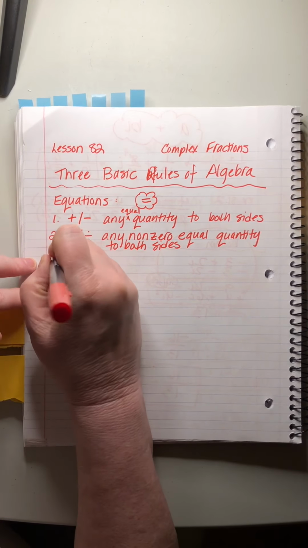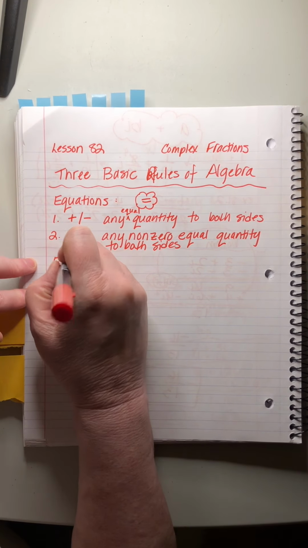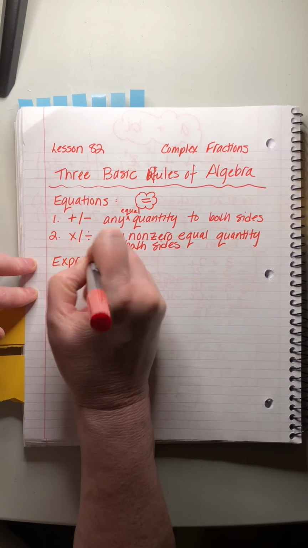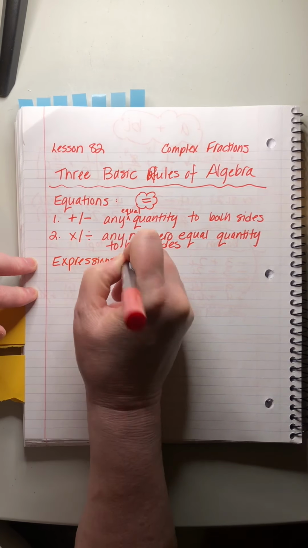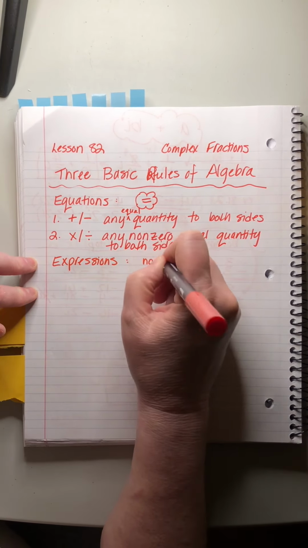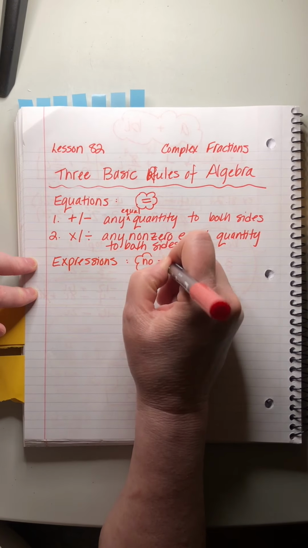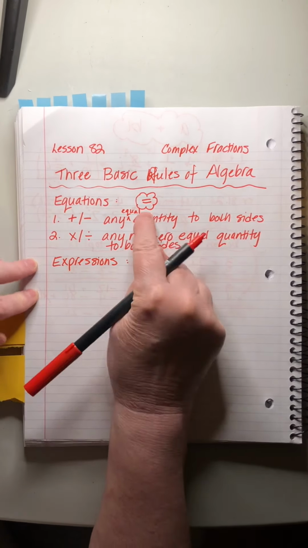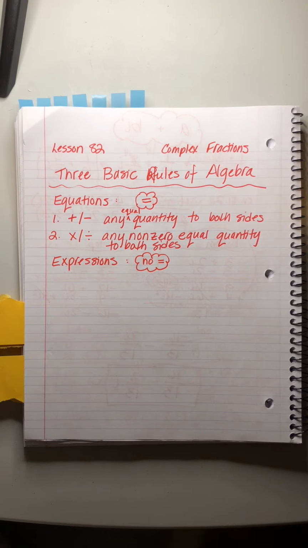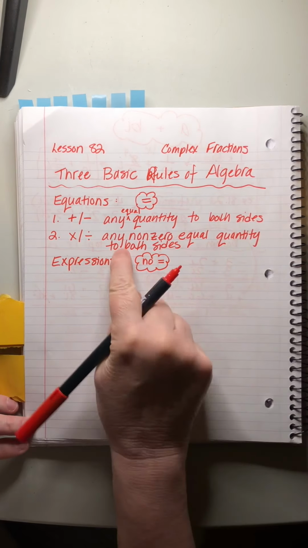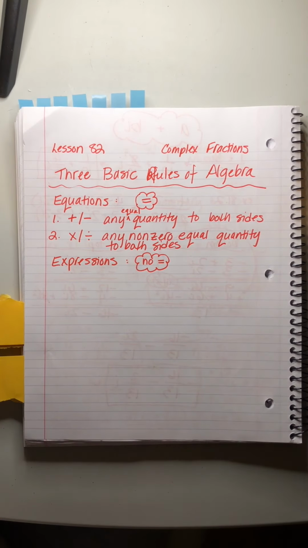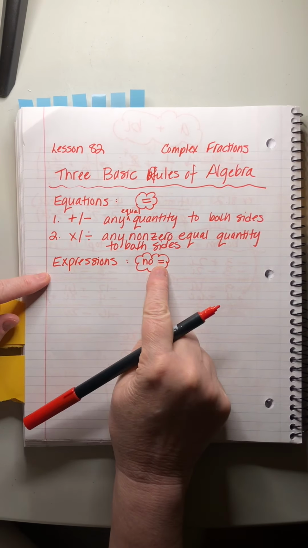But what if we don't have an equation? What if we only have an expression? And again, that's when there's no equal sign. We can't do this because there aren't two sides. When we talk about both sides, we mean either side of the equal sign. But what if there's no equal sign?